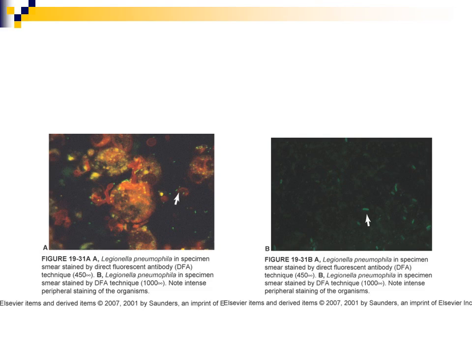On the left you can see a lower magnification where you can see a lot of white blood cells, and you could see the apple green fluorescing little tiny rods. Now on the right in figure B, that is much more magnified, so you can really see the fluorescing green rod in that picture.